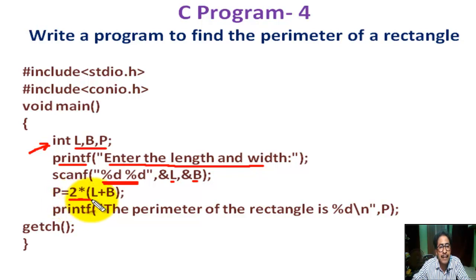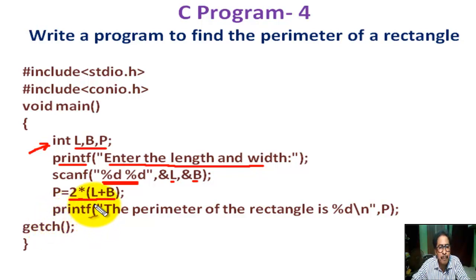This is the C programming representation. For algebra, 2 bracket L plus B. For C program, 2 into bracket L plus B.